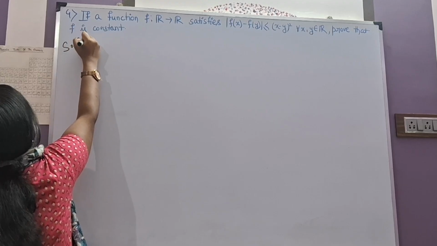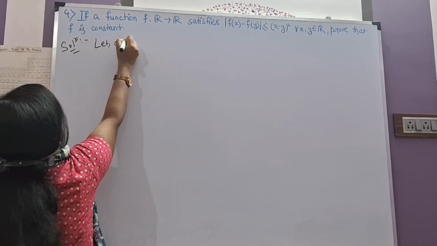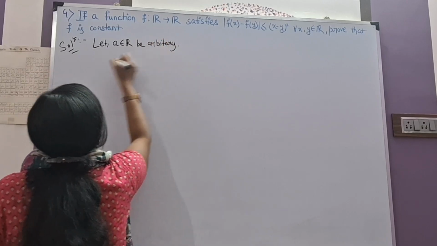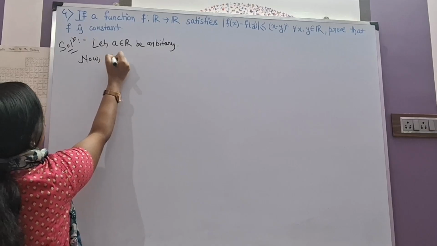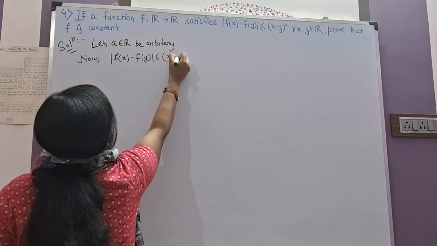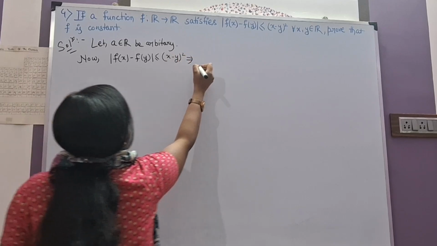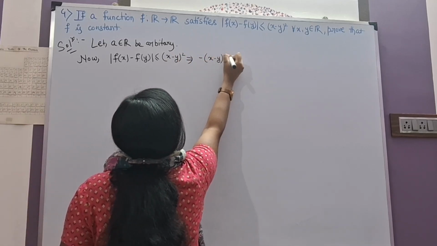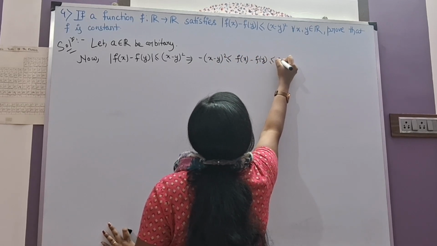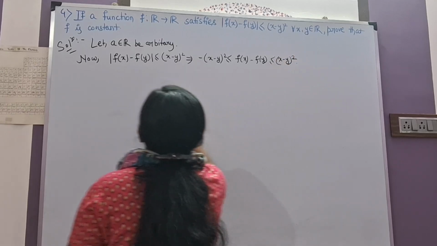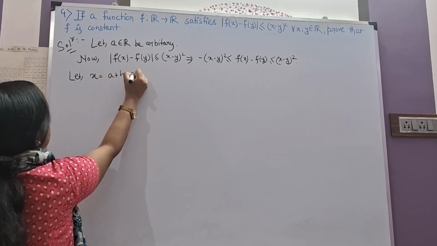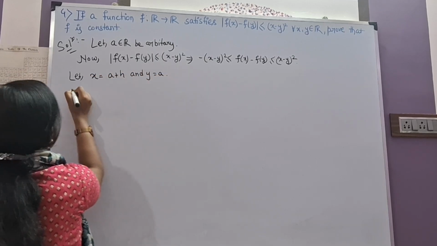Now for solving this numerical, we are going to choose that a belongs to R. Now, mod of f of x minus f of y less or equal to x minus y whole square implies minus x minus y whole square less or equal to f of x minus f of y less or equal to x minus y whole square. Now we are going to choose x equal to a plus h and y equal to a.